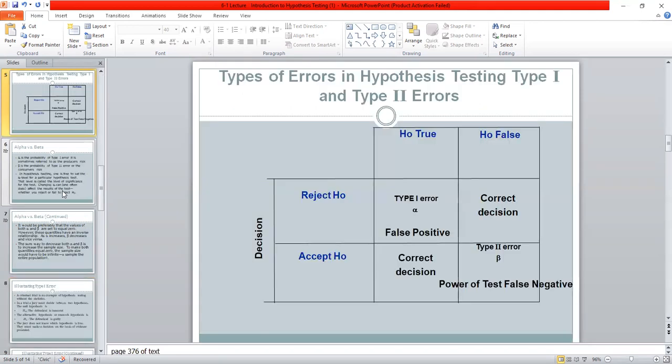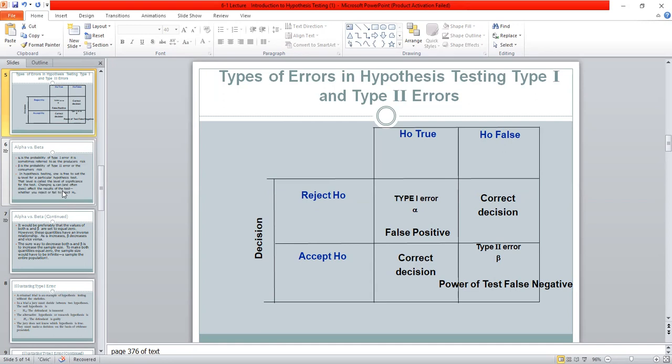Now, types of errors you can commit when you are testing hypothesis. Remember, you're using a sample. The sample you're using is based on some population.